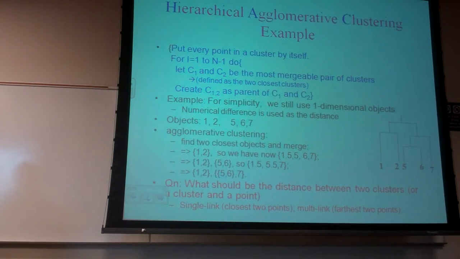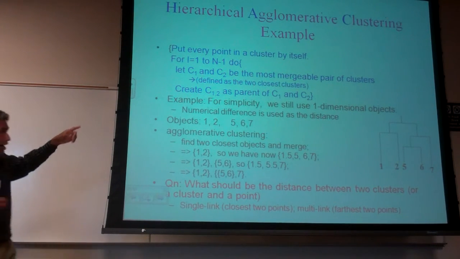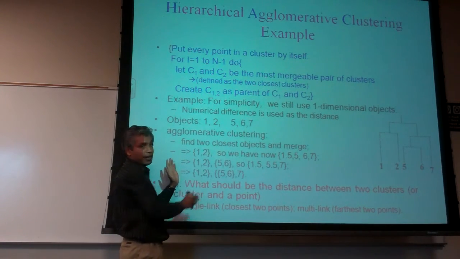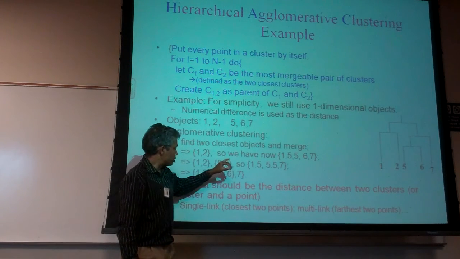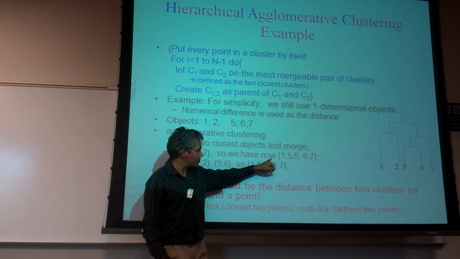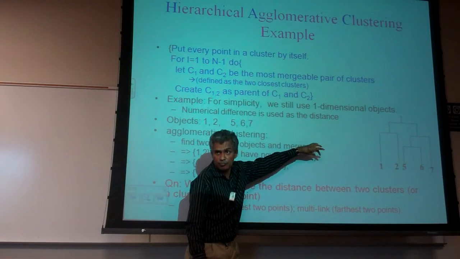I'm assuming that the cluster is completely represented by its centroid, like the way you were suggesting. So in this example, I'm doing centroidal clustering. But I don't have to. I can actually keep both of them around, and then I can do single link and multi link if I want. So my data now will be the 1, 2 cluster, 5, 6, and 7.